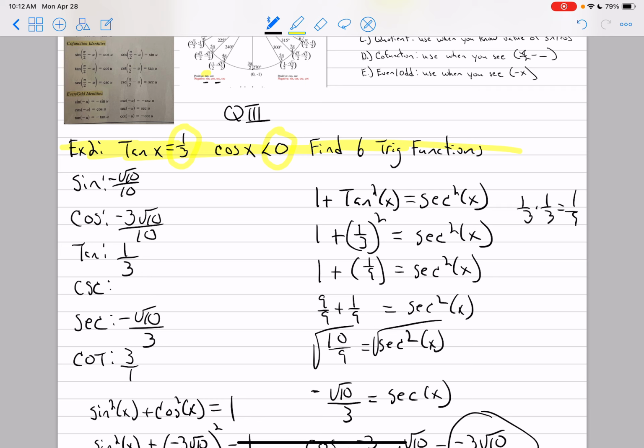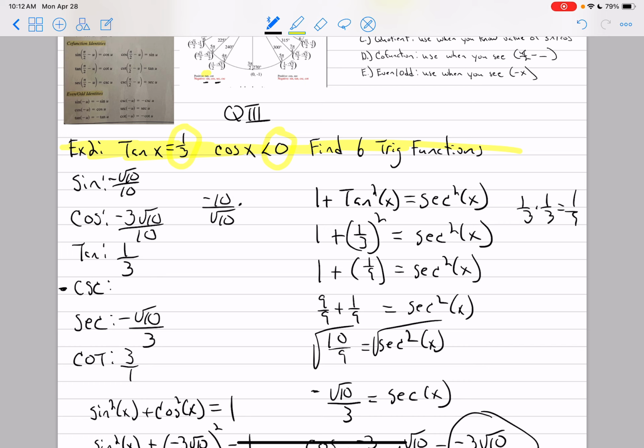And the reciprocal of that, to find cosecant, is negative 10 over root 10. I just flipped it over, right?